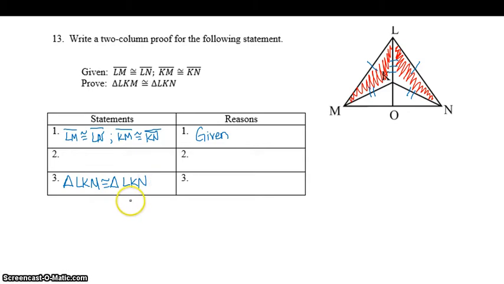Okay, so those are already filled out. And then remember, the thing that we marked as our middle step here is we marked reflexive. So I know this is going to be reflexive property. And so my statement will be that segment LK is congruent to segment LK. And then my reason for these being congruent, we said, was side, side, side.